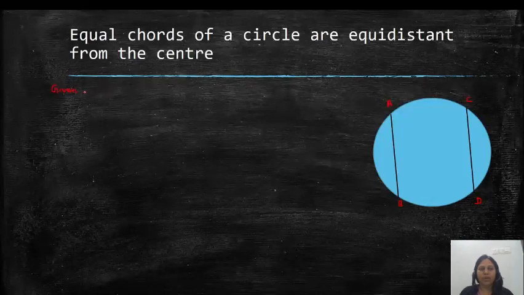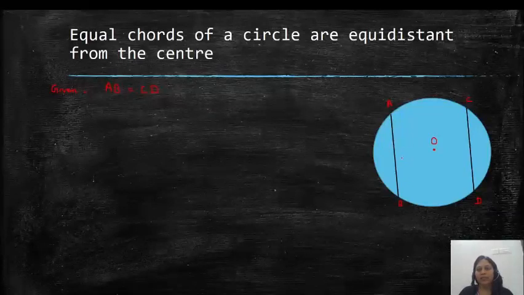What is given to us? That the chords AB and CD are equal, right? Now what we have to prove is that they are equidistant from the center. So let us assume the center here, this is the center O, okay?